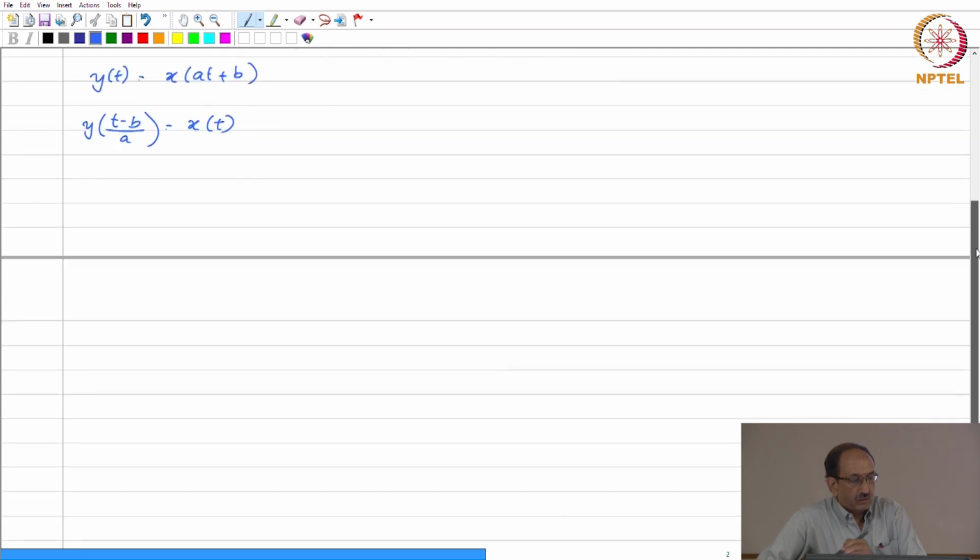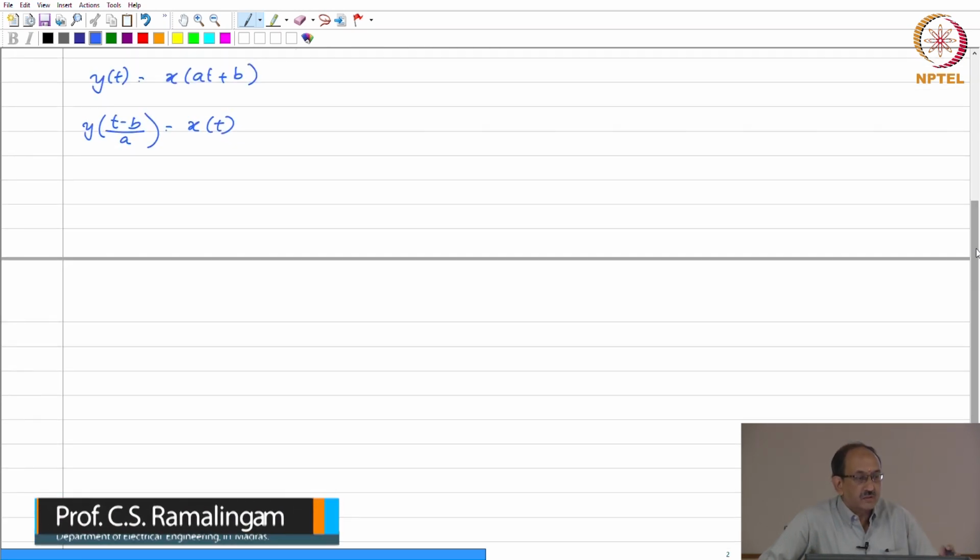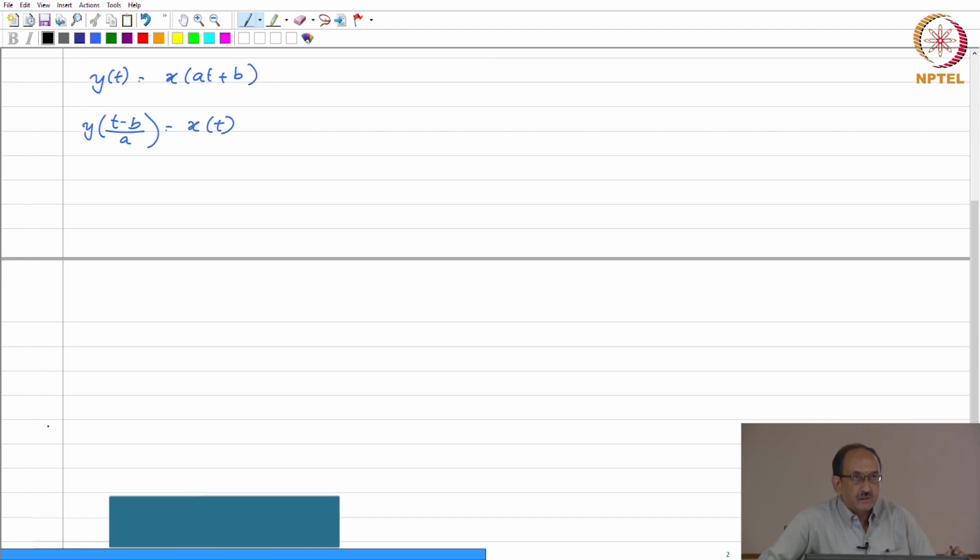Now let us look at some other definitions that are similar to what you must have seen in the continuous time case. Here things are very similar; the analogy is very close.